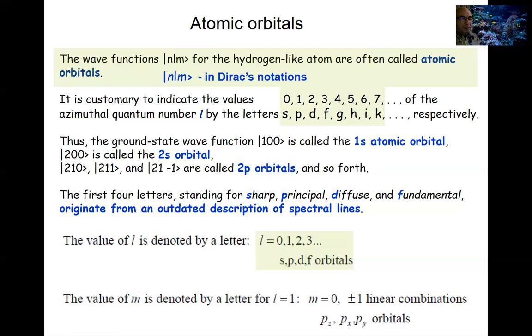Again, these are the familiar spherical and dumbbell shapes, etc. Where do they come from from the point of view of this hydrogen atom solution? This will be in the next installment of these lectures.